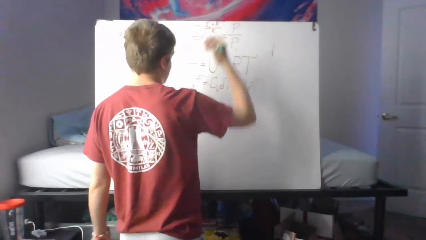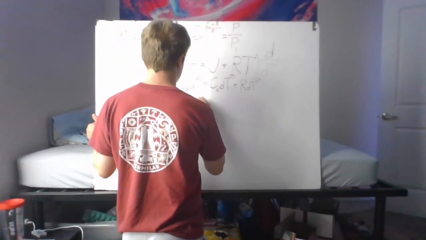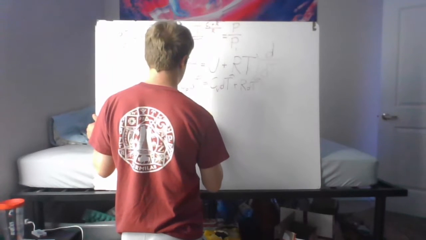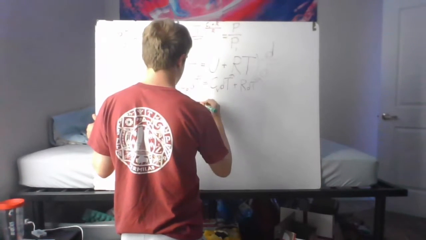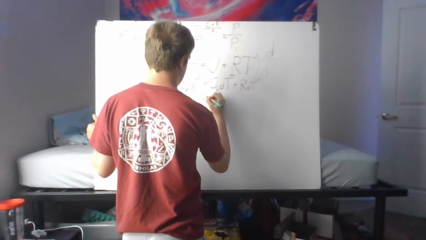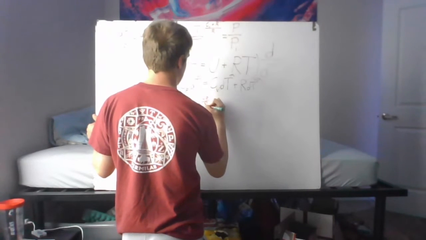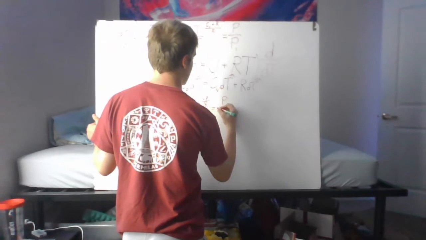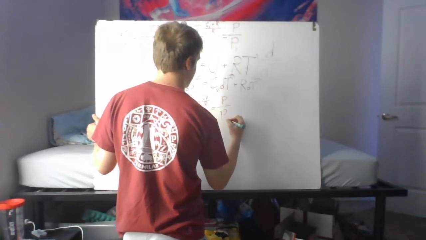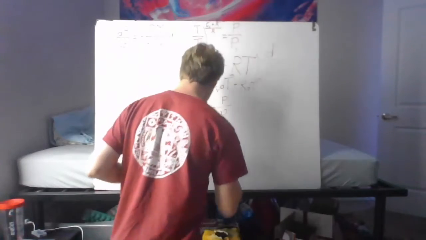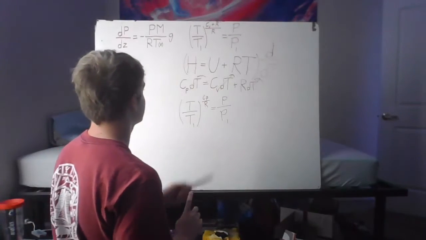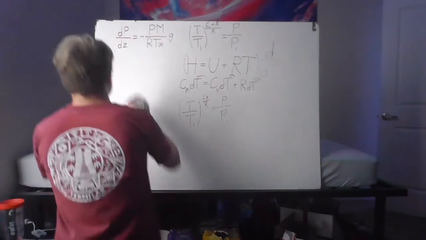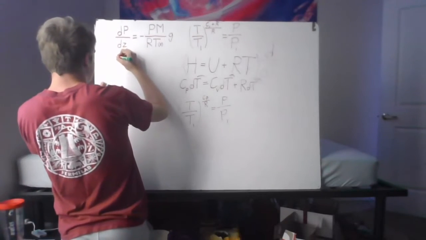So we can substitute that in up here, and we will get that T over T1 to the Cp over R equals P over P1. And then now we want to solve this for T. So I'm actually going to write this up here under this equation.